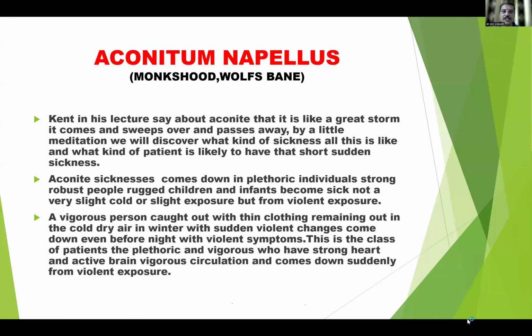So this is not such a remedy. It is indicated in plethoric individuals, full of blood. They are of blush. They are plethoric, full-blooded individuals, strong, robust people. Rugged children and infants become sick, not from a very slight cold.